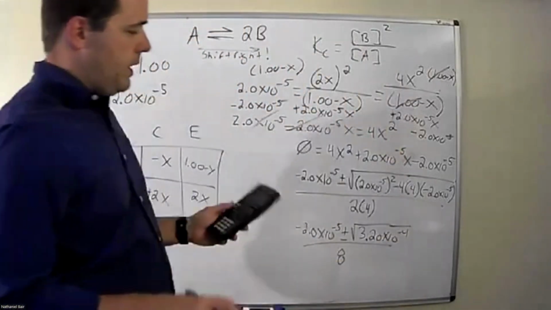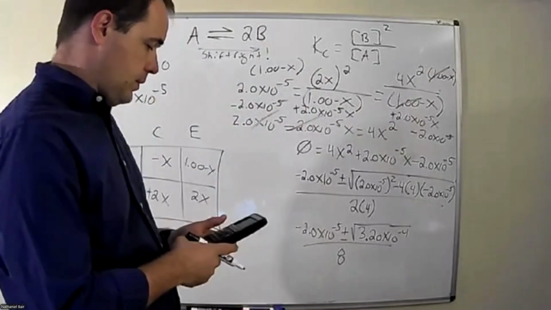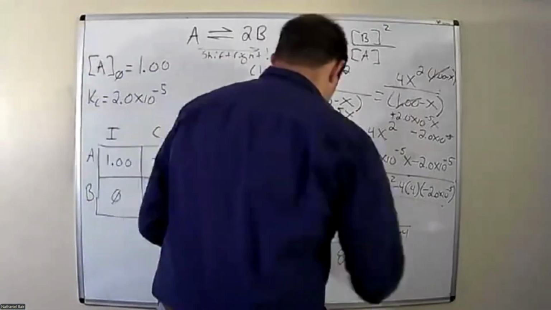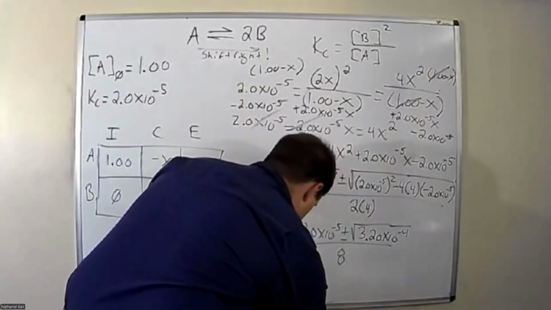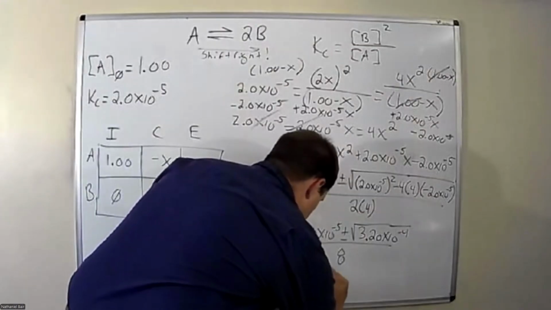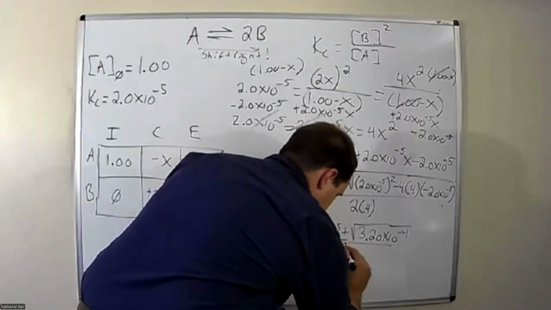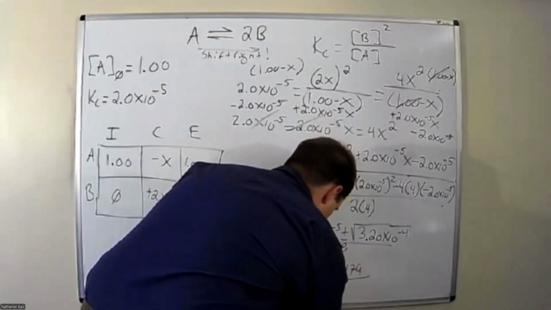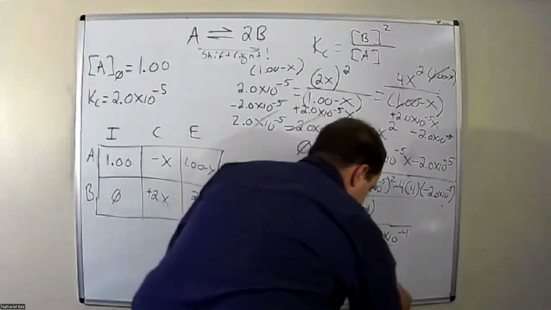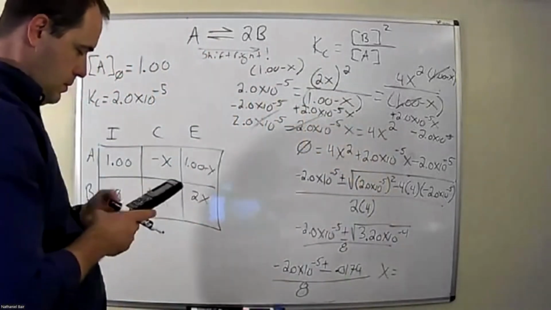So under the radical, I got 3.2 times 10 to the negative fourth. So now I'm going to take the square root of that. And I'm going to get negative 2.0 times 10 to the negative fifth plus or minus 0.0179 over 8. And I'm just going to get the two possible values of x here.